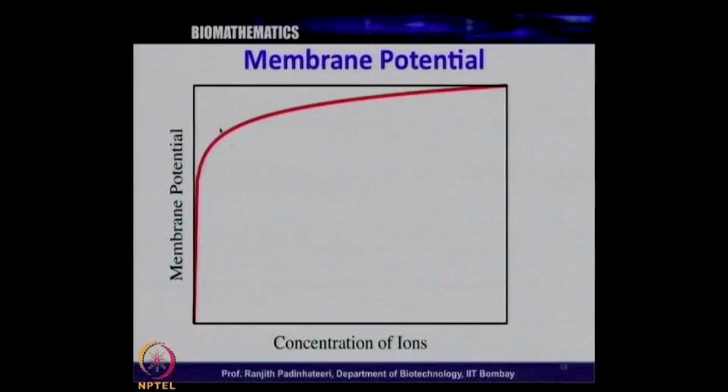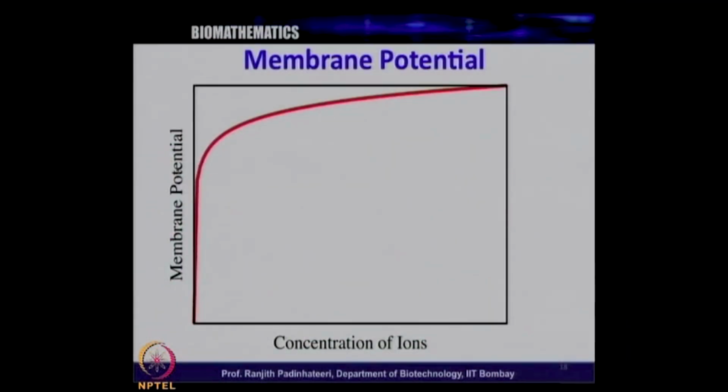You might also have studied that this membrane potential depends on the concentration of the ions: the greater the concentration difference or ratio, the greater the membrane potential. So if we do an experiment measuring the membrane potential by varying the concentration of ions, we get some data, and if we plot this data, we get this particular curve as seen here.